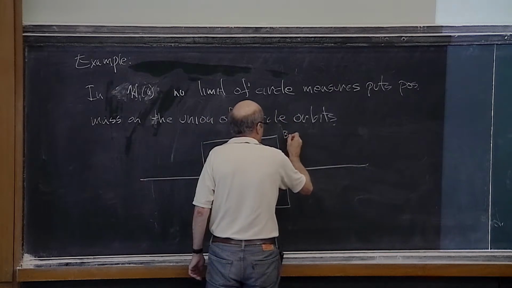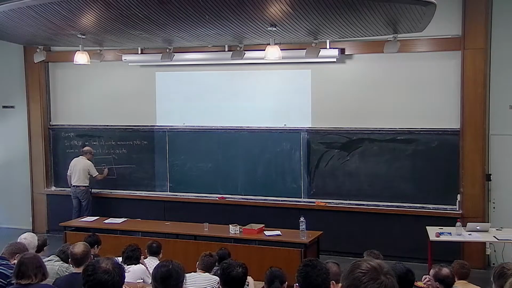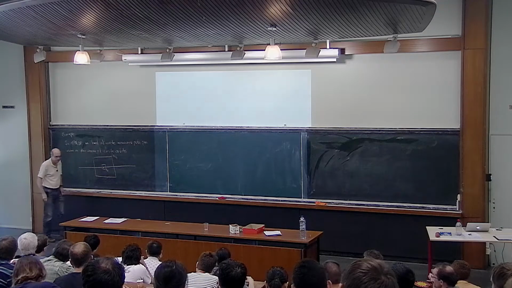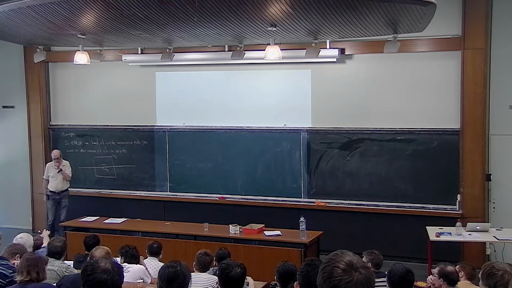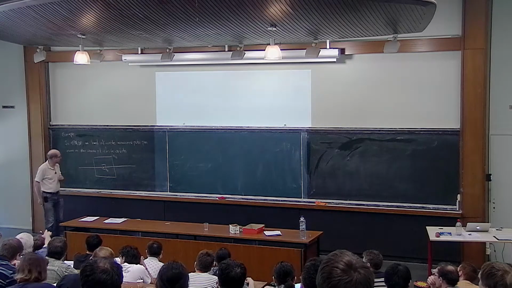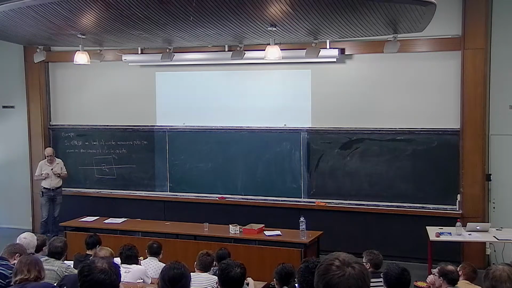We have this box of size 1/2, and here a box of size epsilon inside it. Are we talking about orbits of the horocycle? I'm going to talk about orbits. Well, large circles are essentially horocycles.